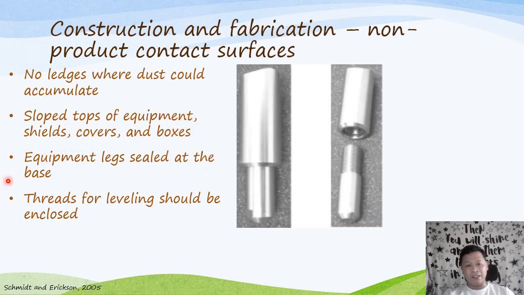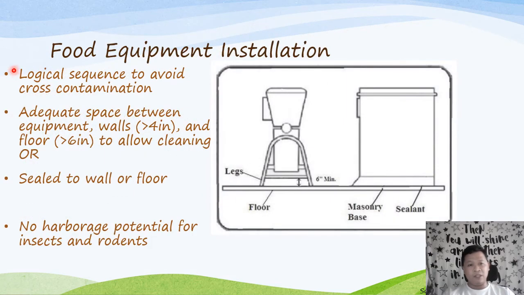Legs should be sealed at the base, and even the threads for leveling, like these ones, should be enclosed to avoid insect contamination. Okay, so there should be a logical sequence to avoid cross-contamination, yung pagkakasunod-sunod ng equipment mo, nakasang-ayon yan sa process mo, and then there should either be adequate space from the wall, 4 inches, or from the floor, 6 inches, to allow cleaning.